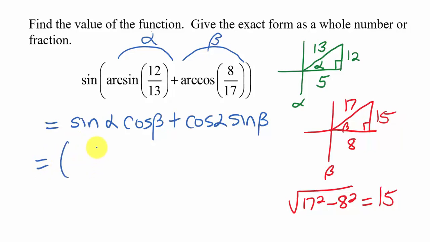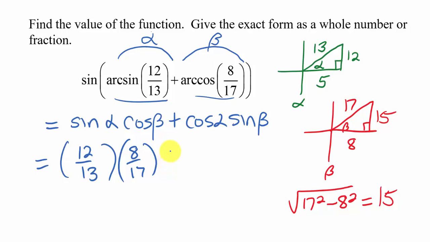First I need sine alpha, so I go to the alpha triangle, and sine is opposite over hypotenuse, or I had it right here as well, that is 12/13. And then I need cosine beta, so I go to the beta triangle and I need adjacent over hypotenuse, which is 8/17, and that again was one that I had here, plus cosine of alpha, that's not one I had, so I go to the alpha triangle and I do adjacent over hypotenuse, that's 5/13.